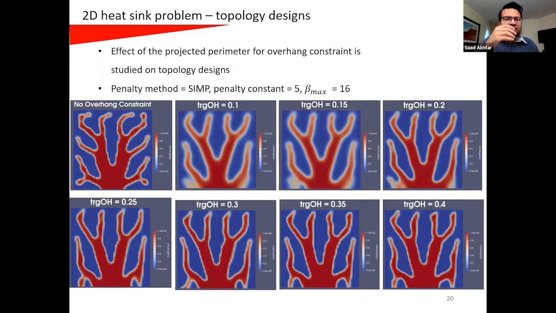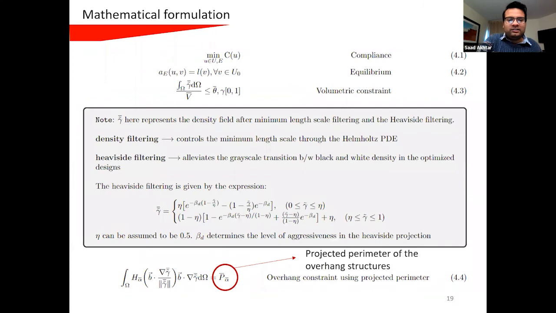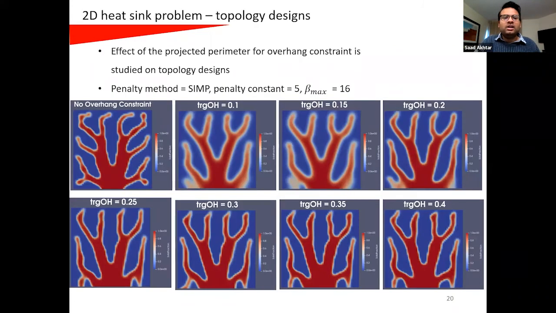Just to know how effective this was, this is the effective projected perimeter for overhang constraints. You use different values. This TRG OH is the target OH, the value of P bar alpha bar, the projected perimeter value. For different projected perimeter values, you see how the designs change.